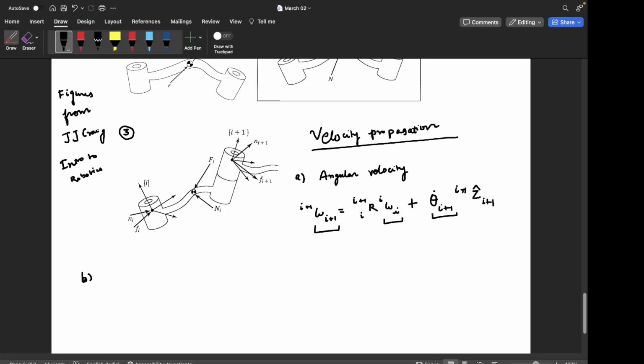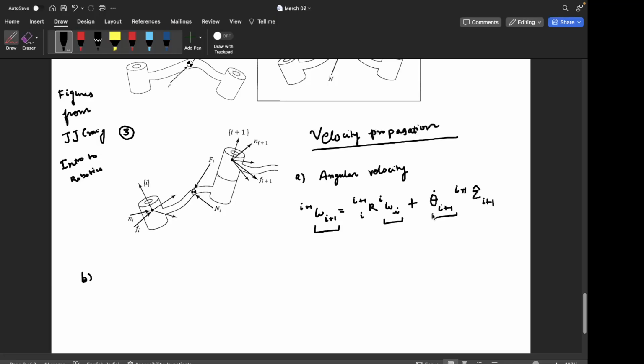We have seen that if it's a 2-link planar manipulator, and the first joint is moving 2 radian per second and the second joint is moving with 5 radian per second, let's say, then the angular velocity of the first link is 2 radian per second, and the angular velocity of the second link is 2 plus 5, 7 radian per second. So that's the difference.